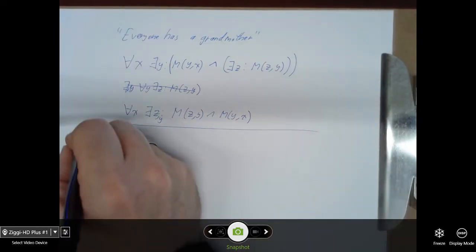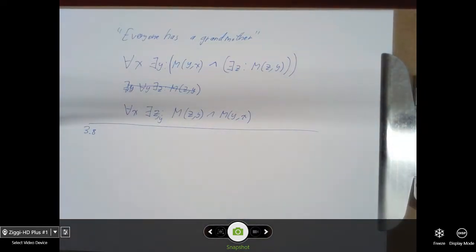All right, what about 3.8? This is going to tie into set theory in a few days. Use quantifiers to state that for every positive integer, there is a larger positive integer. So how do we do that? For every positive integer, there's a larger positive integer.